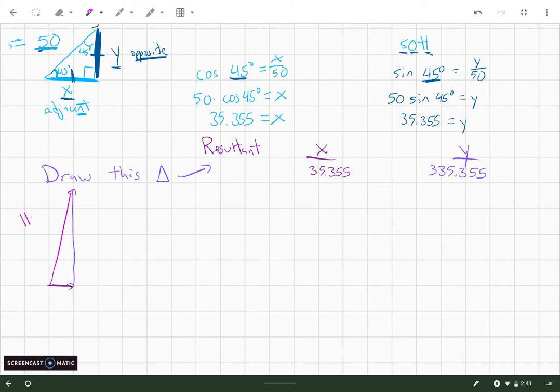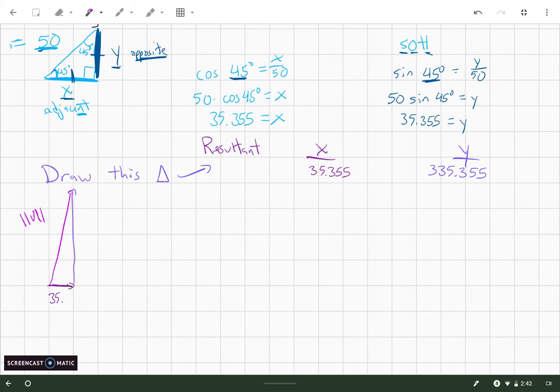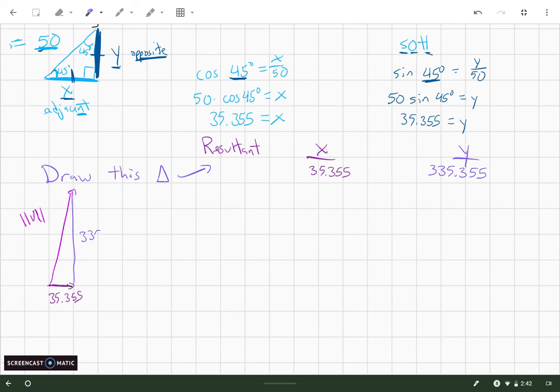Let's call it magnitude of v. Let's say our resultant is v. So I know my x is 35.355, and we know the y is 335.355. So first I'm going to find the magnitude. Remember, that is just the Pythagorean theorem.